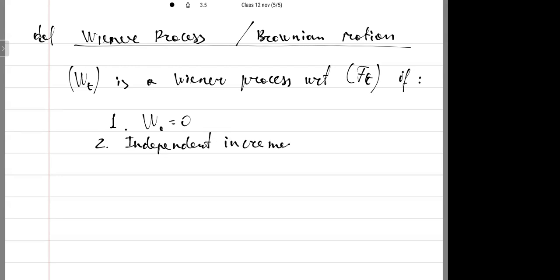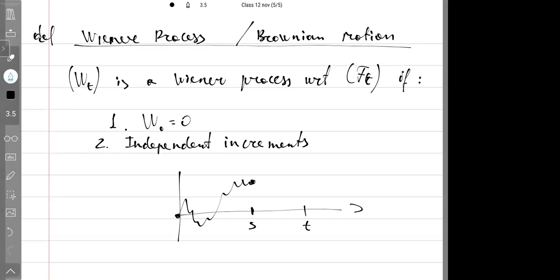More formally, if I'm at moment of time s and I look into the future, I know the evolution of the process up to time s.